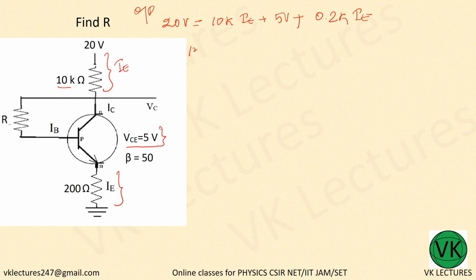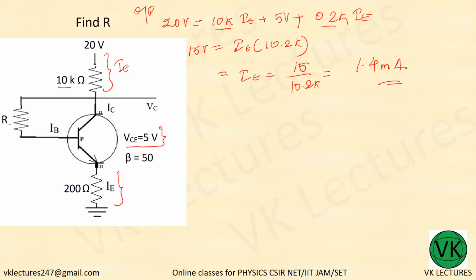So 15 is equal to 10k plus 0.2k into IE. So IE into 10.2k. So what is that? IE is nothing but 15 divided by 10.2k. So that you will get around 1.4 milliampere.